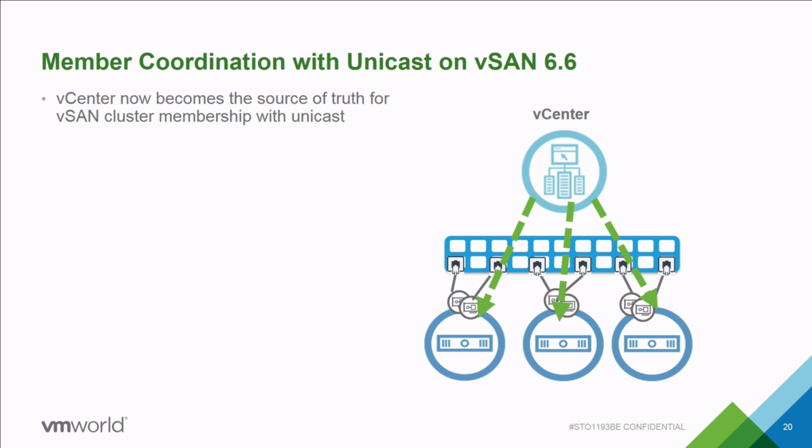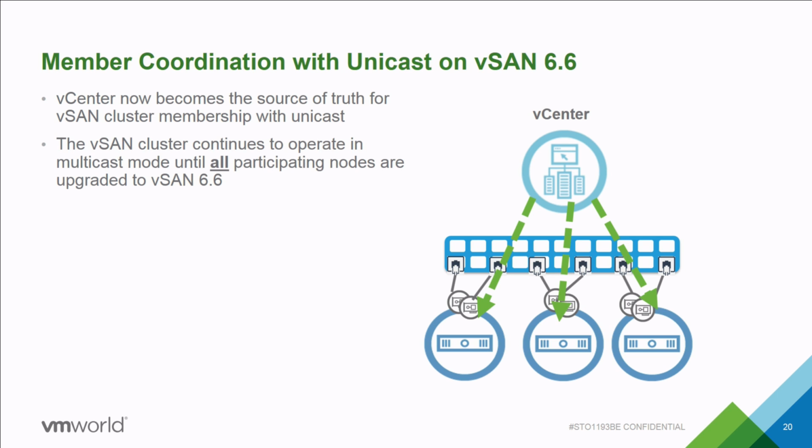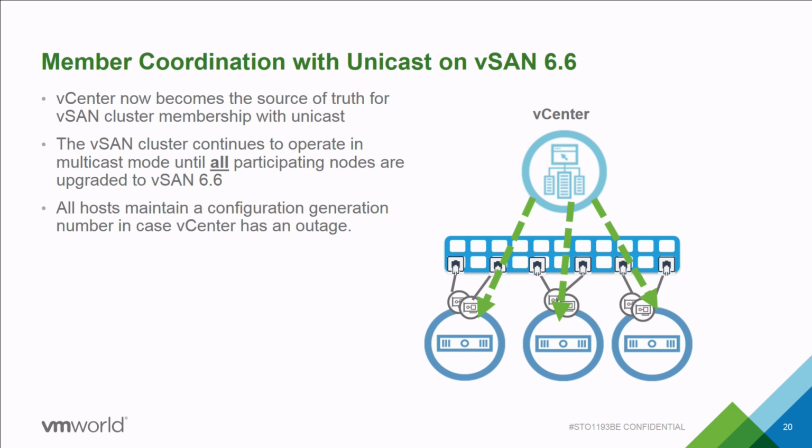So, the membership coordination. vCenter is now the source of truth. Once all the nodes in the cluster are 6.6, we're going to do unicast, I beg your pardon. The question then arises: what happens if we lose vCenter? It's absolutely fine. In the latest version of vSAN, we track a configuration change mechanism, let's call it that. Both vCenter and all of the ESXi hosts in the cluster have a configuration sequence number, so they're all in step.